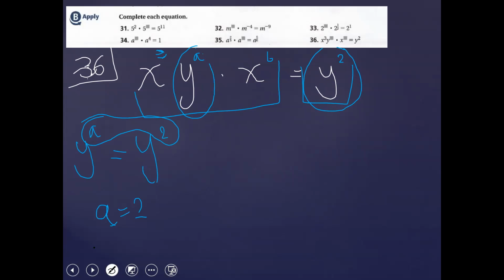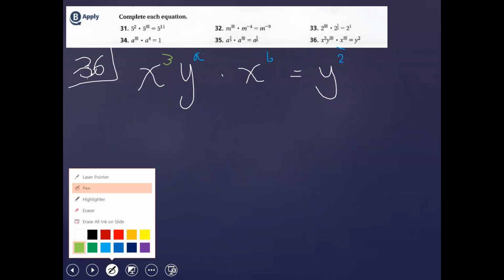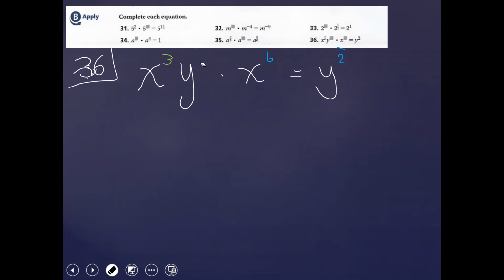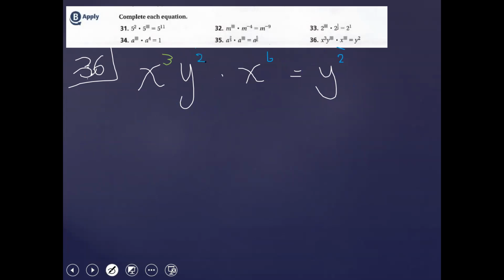Here we don't have x. So let's rewrite the equation. Now, instead of writing a, I will write 2, because we found it before. It is squared. So let's put here y squared.